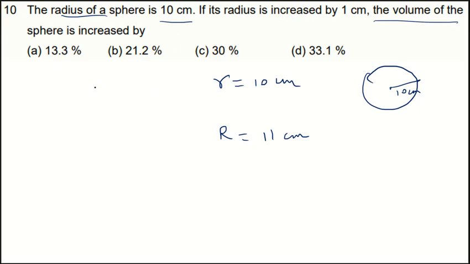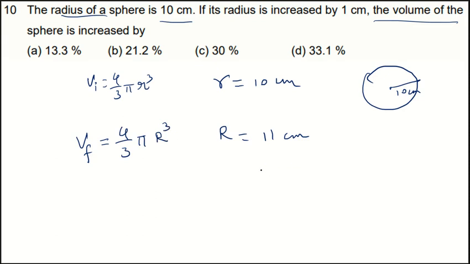So, we need to know the volume in the beginning, which is 4 by 3 pi small r cube, and the volume in the final is 4 by 3 pi capital R cube.